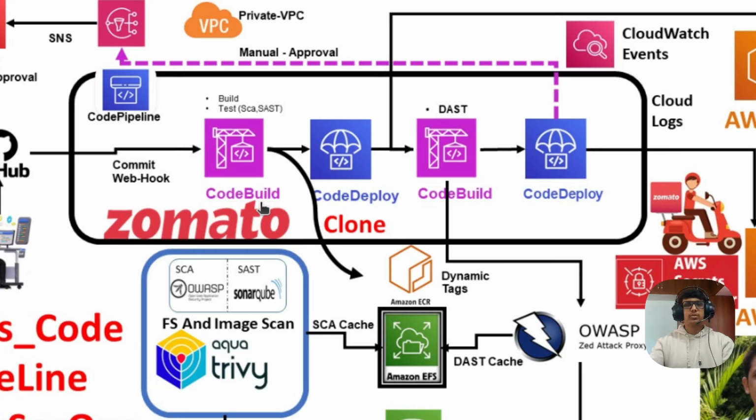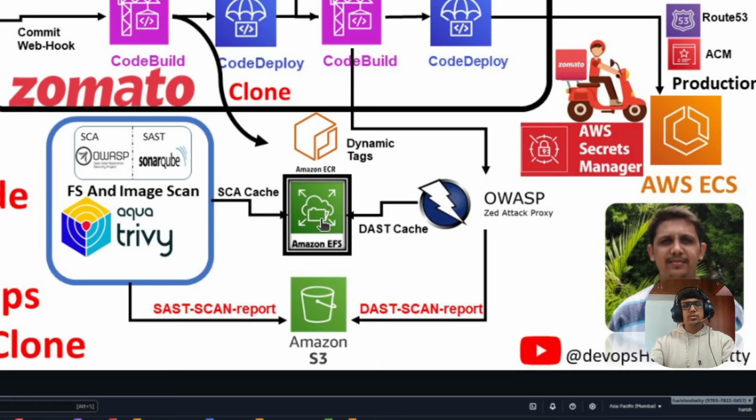And here I am using Amazon EFS. Why am I using Amazon EFS? When you observe the previous Jenkinsfile, when you perform the OWASP SCA stage, it downloads some records, right? That takes around 30 to 40 minutes.